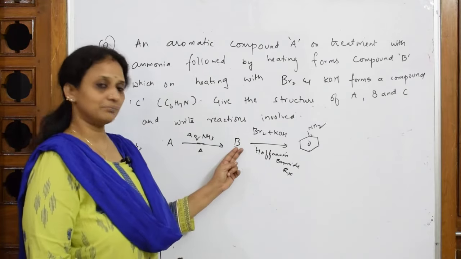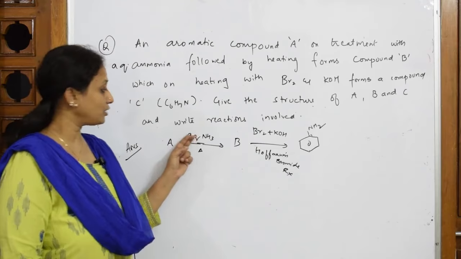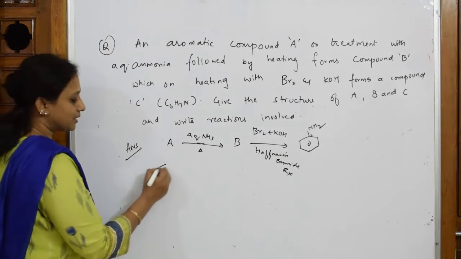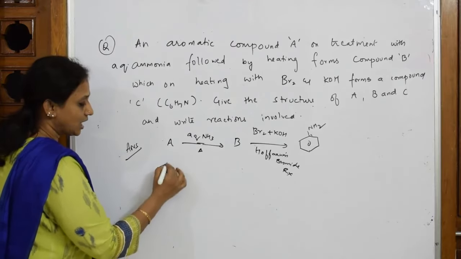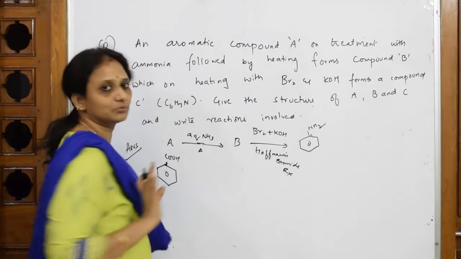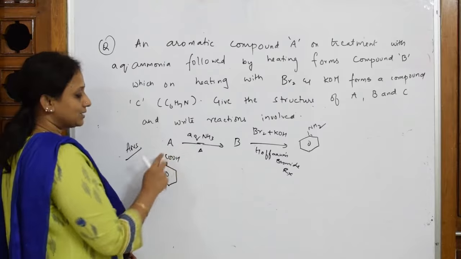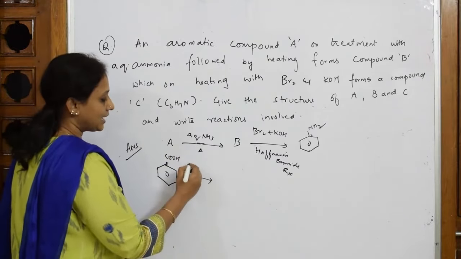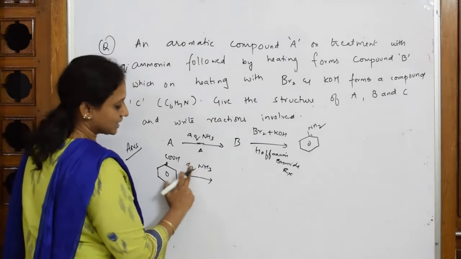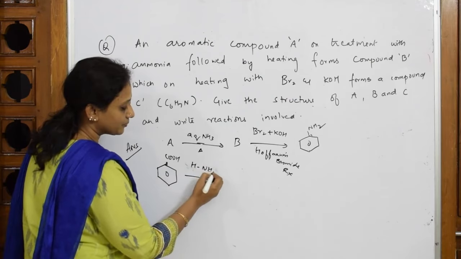If this is an amide, how will I get the amide? I can get an amide by adding ammonia to an acid. Because only with an amide will the bromamide reaction occur, this compulsorily should be an amide. So take the acid and add aqueous ammonia. In NH3, let me take H and NH2.